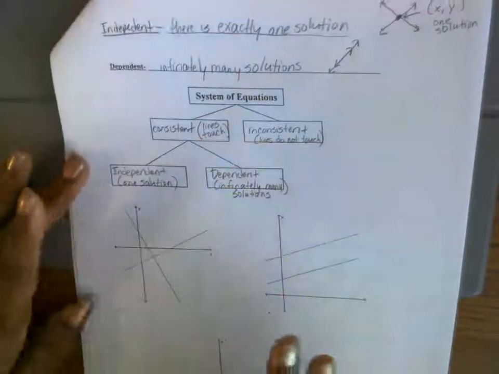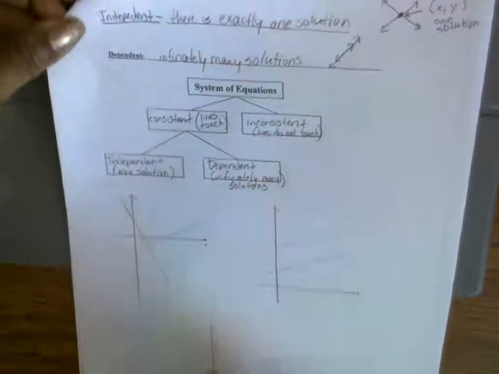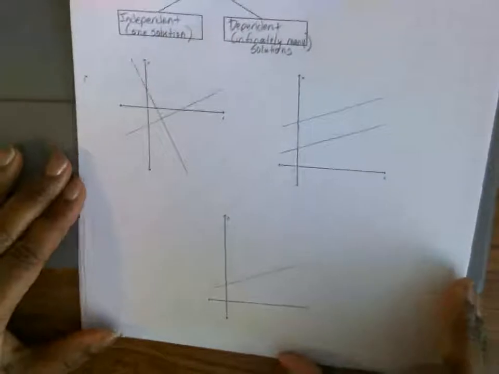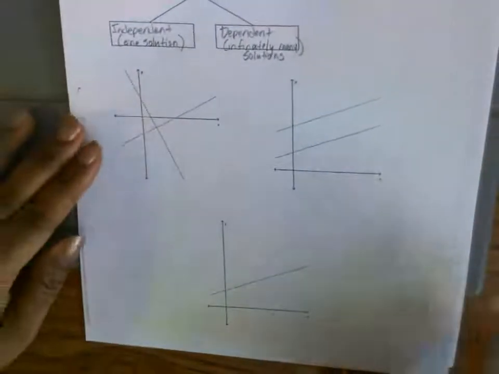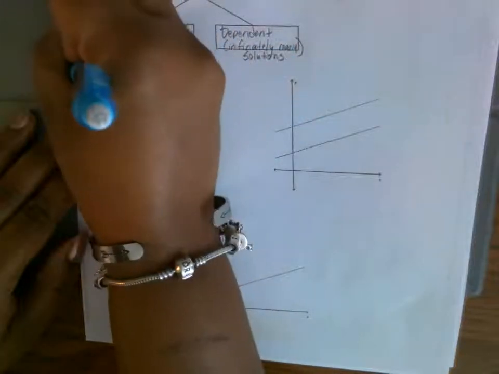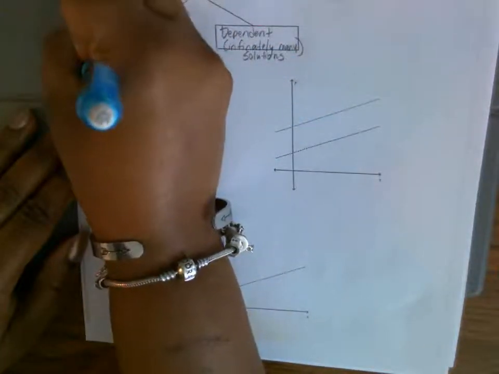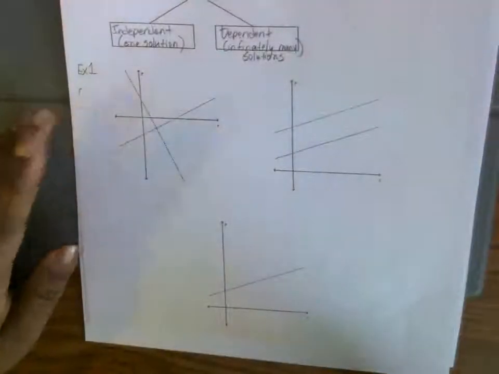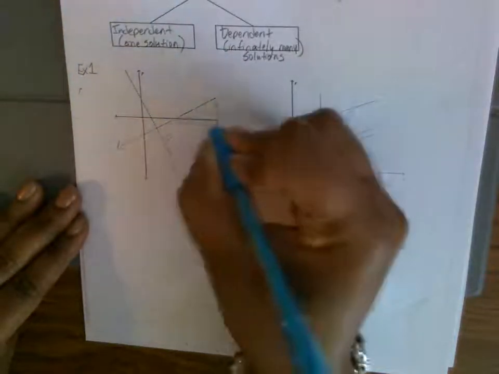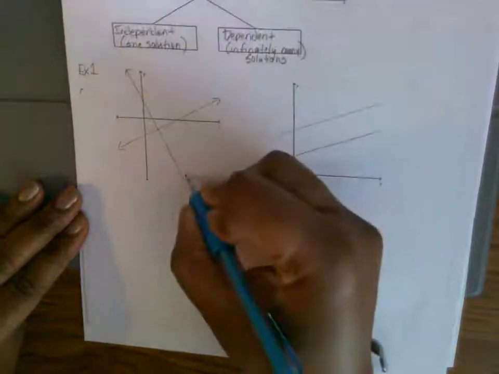So now we have examples of the three different kinds of solutions. There are three different examples where we're gonna describe each of these systems. So in this first example, we're gonna put example 1. And let's suppose that you graph the equations and you get a line that's going in this direction and you get another line that goes in this direction, okay?